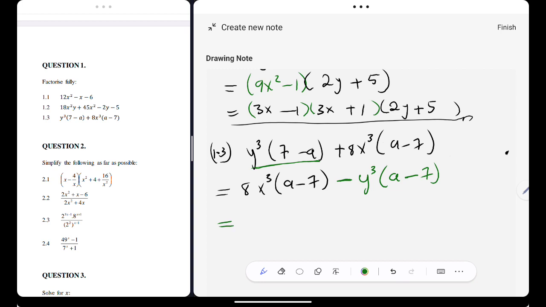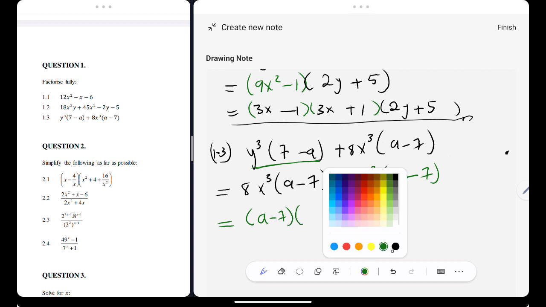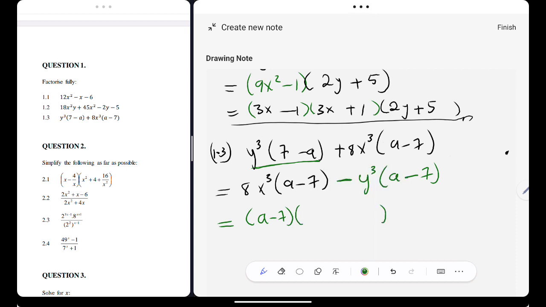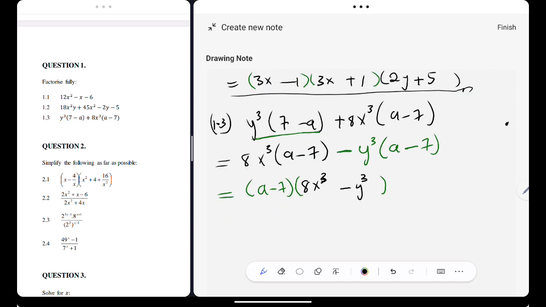So there is a common factor here. A minus 7 is common because it appears in both these two terms. So if I take out a minus 7, I'll be left with what? I'll be left with 8x cubed minus y cubed. Are you together?